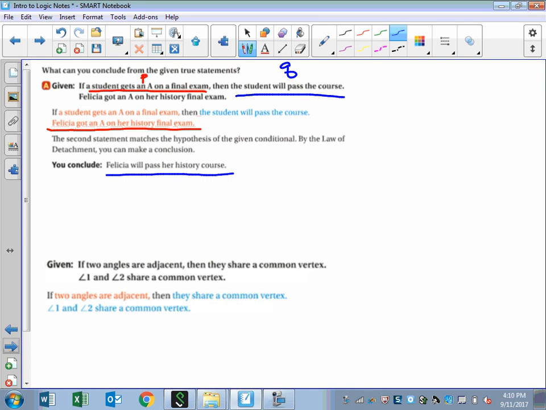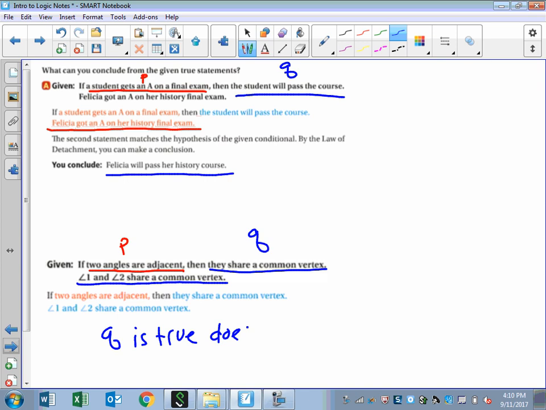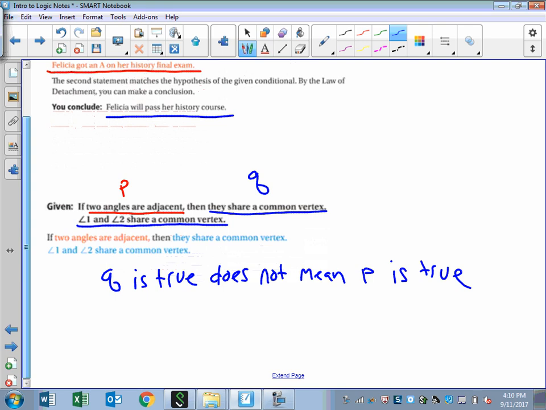So we have a conditional statement: if two angles are adjacent, P, then they share a common vertex, Q. It says angles 1 and 2 share a common vertex, which is Q. So you cannot use the law of detachment for this one, because Q is true does not mean P is true. So this is an example where you can't use the law of detachment.